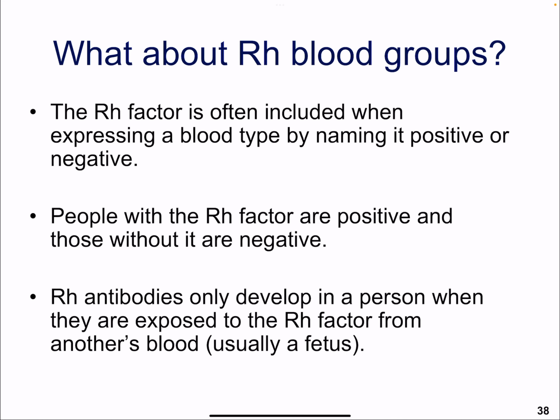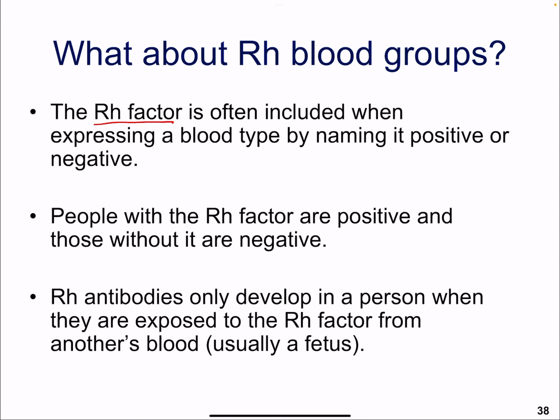All right, how about rhesus factor? The rhesus factor is another surface marker on the surface of red blood cells. Some of us have that factor on the surface of our cells, some of us don't. Those of us who have the Rh factor are said to be rhesus positive.